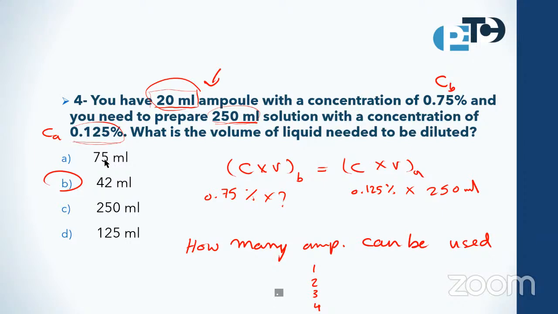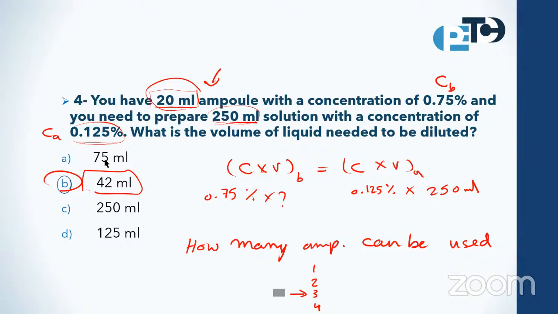Sir, more than 2 means 42 ml, so 3. Three ampoules. Yes, this is the right answer. Because here we need 42 ml, which is more than the amount of 2 ampoules, so we need an extra amount to have the right concentration. Okay?